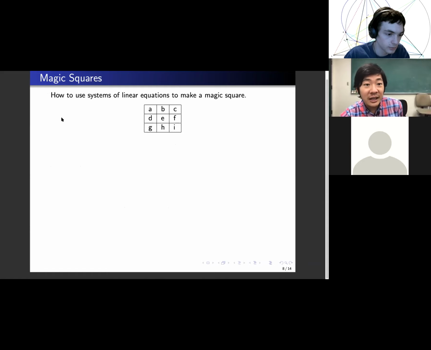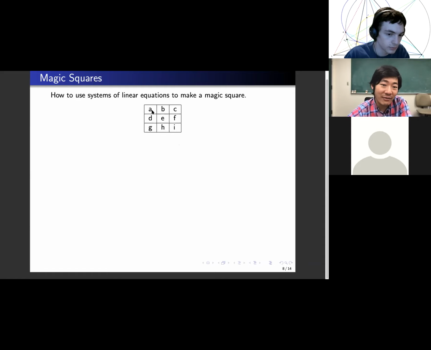So how can we get our magic square? Well, we can use systems of linear equations to make a magic square. So let's consider this magic square with these variables. We don't know what numbers these are. Well then, what equations need to be satisfied? Well, we need to make sure that all the rows sum up to 15.